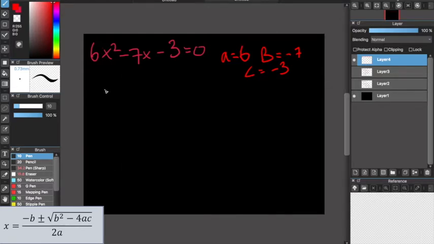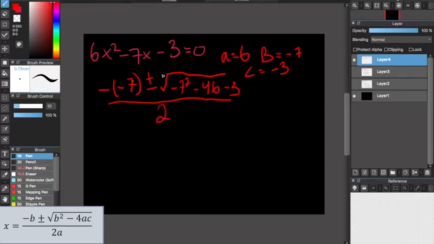So it's minus b, which is minus 7, plus minus the square root of b squared, minus 7 squared, minus 4a, that means 6, and c, minus 3, divided by 2a, that means 2 times 6.